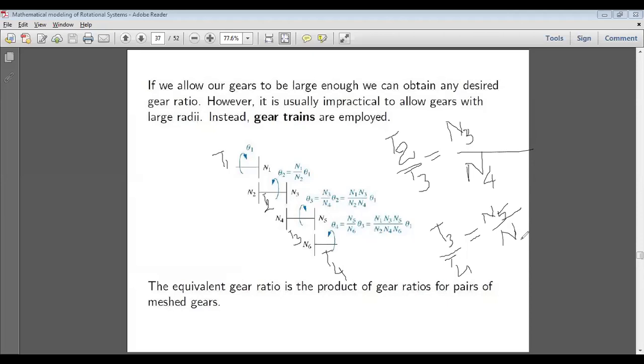Basically what it says is, let us say I have only some small torque T1 and I want to make it a higher value, let us say T4. In a single gear system, I cannot have an infinite ratio of teeth. So what you do is you transfer or transform the torque.